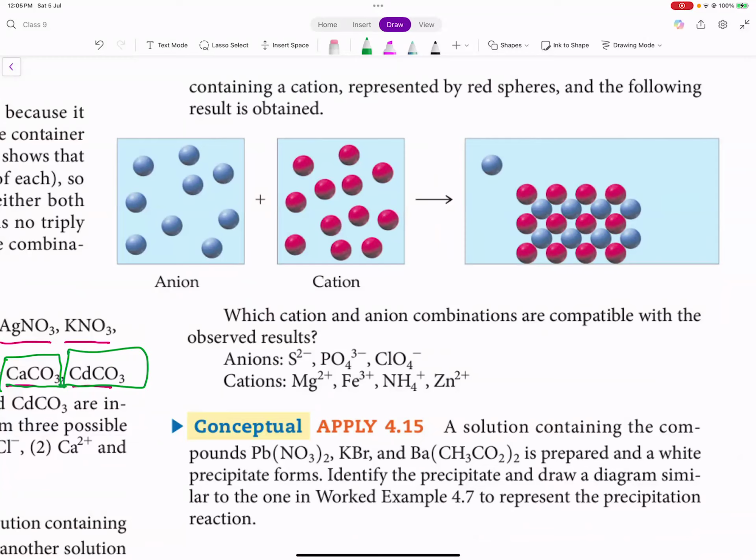Cations are how many? Cations are 12 and anions are 8. So the simplest ratio is C3A2. So 3 cations and 2 anions. This is what we have to search in the diagram. So go ahead and tell me which of these will be possible, and then we'll see.